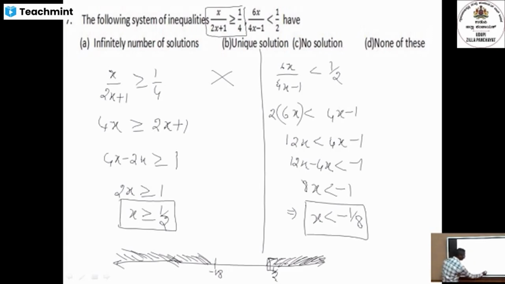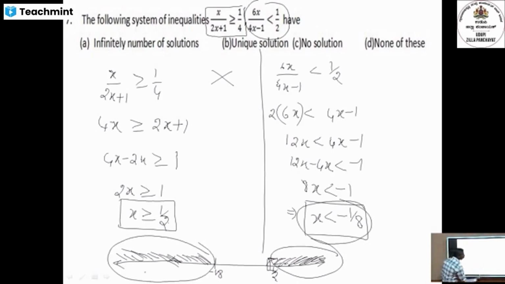In the first inequality you get x greater than or equal to half, this region, whereas when you solve the second inequality you get x less than minus 1 by 8, this region. So there is no common point for both the solutions. Hence there are no solutions that satisfy both inequalities. There are not infinite solutions and no unique solution.